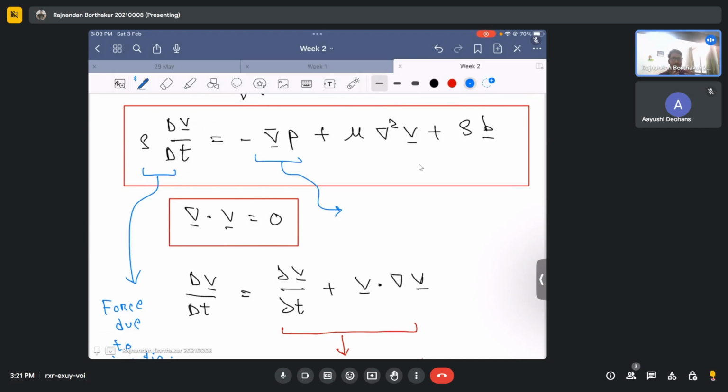You must appreciate that the Navier-Stokes equation is nothing but a force balance between certain terms that act on a particle inside a control volume. So the first term that we saw, rho times the material derivative of velocity, signifies the force due to inertia. The second term, which is the gradient of the pressure field, signifies the force due to pressure. So this is nothing but the force due to pressure.